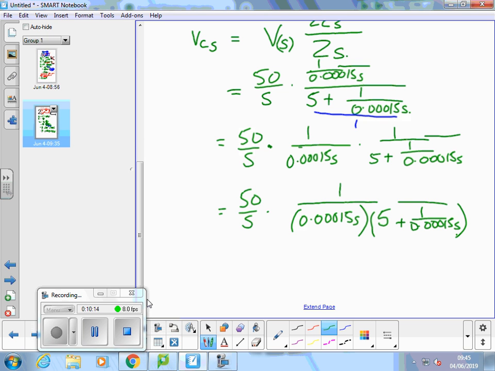So when we multiply these brackets out, what do we get? Keep the 50 over S there, times 1 over. We've got to do 5 times 0.0015, and then we multiply that by that. It cancels out to 1.